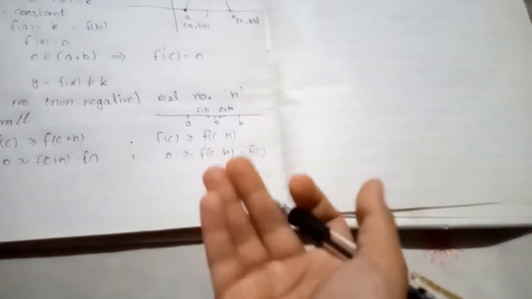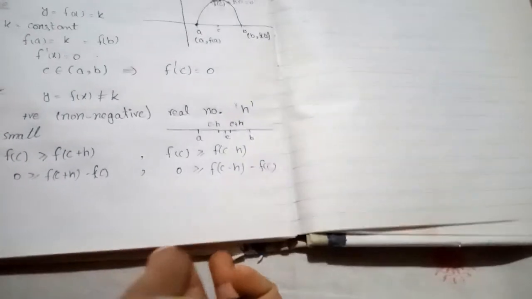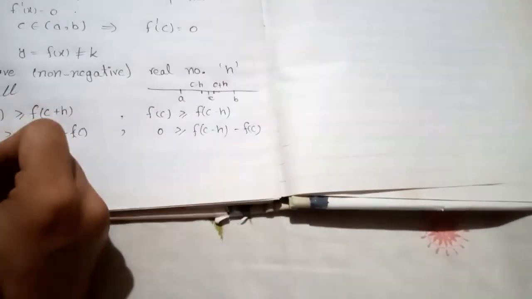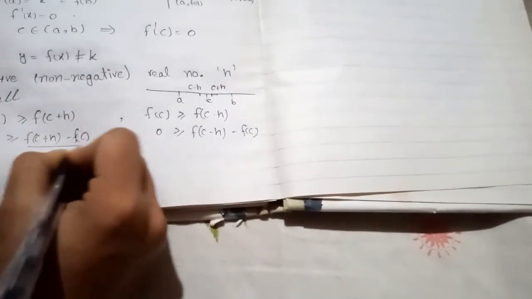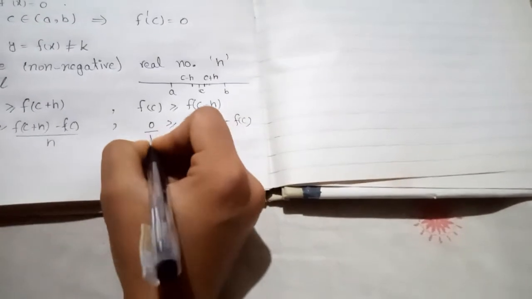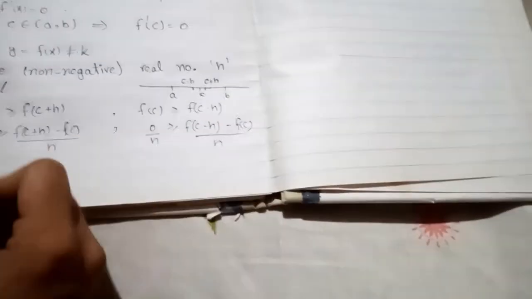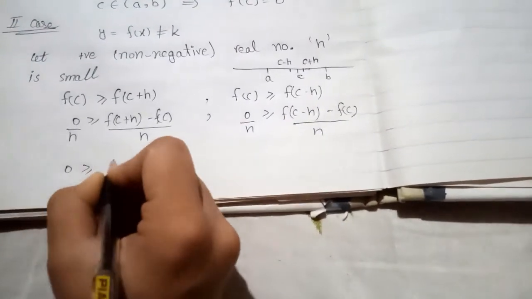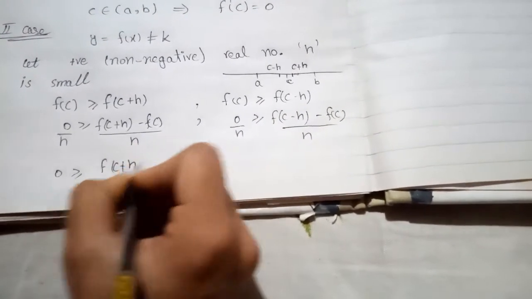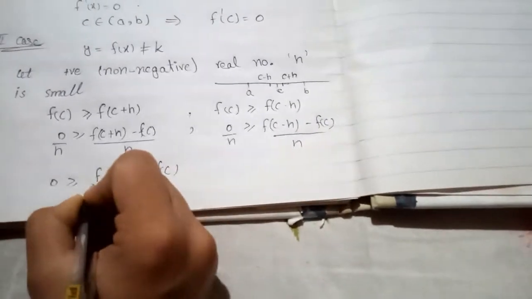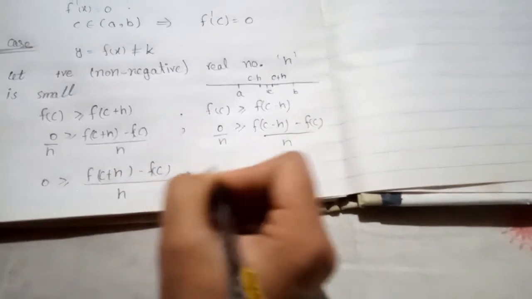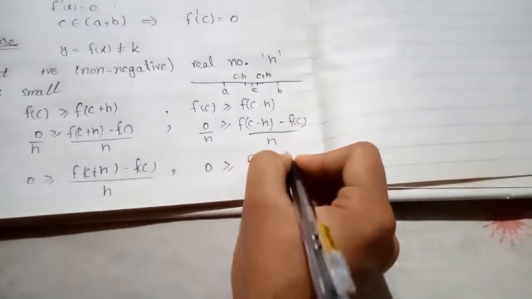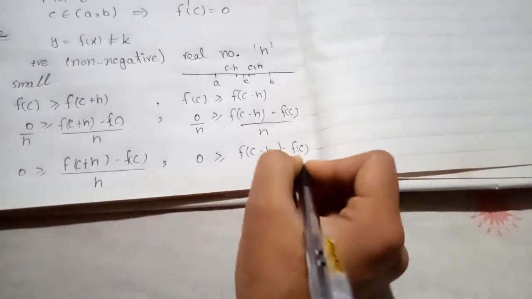According to the definition of the derivative, if we divide both these inequalities by h, then we get 0 is greater than or equal to (f(c+h) minus f(c)) over h, and 0 greater than or equal to (f(c-h) minus f(c)) over h.